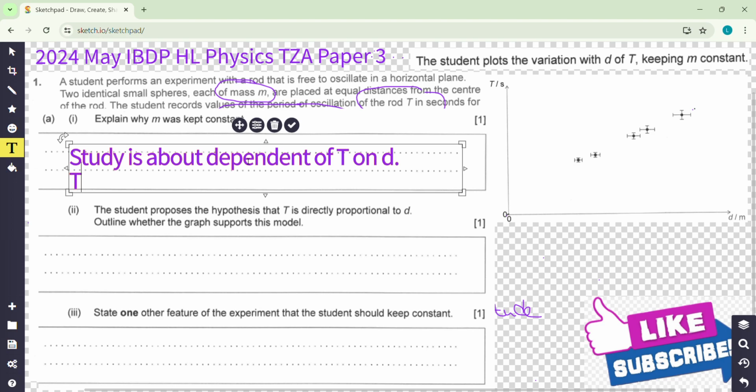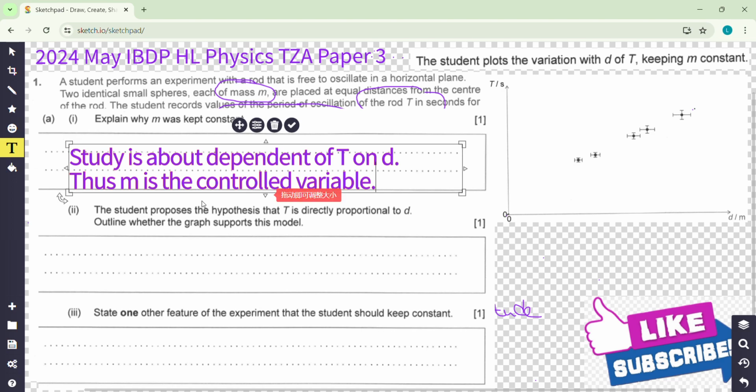And then M is the technical term, what's the technical term? Controlled variable. That's it. Excellent. 1 mark.